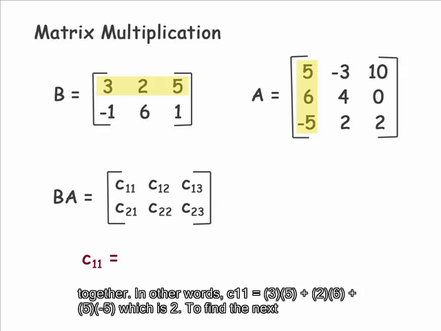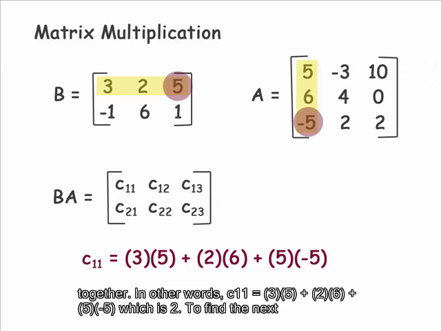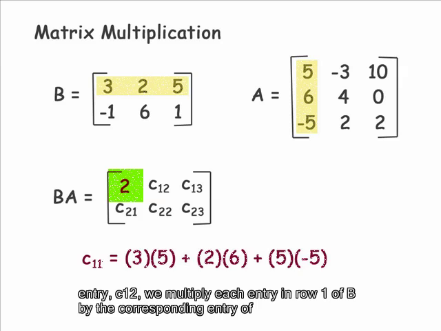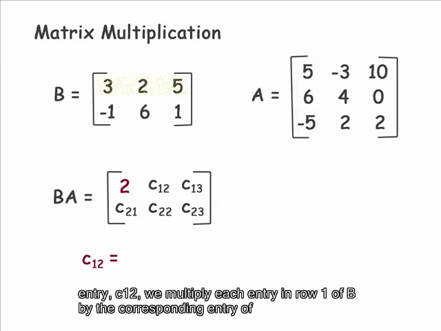In other words, C sub 1,1 is equal to 3 times 5 plus 2 times 6 plus 5 times -5, which is 2.